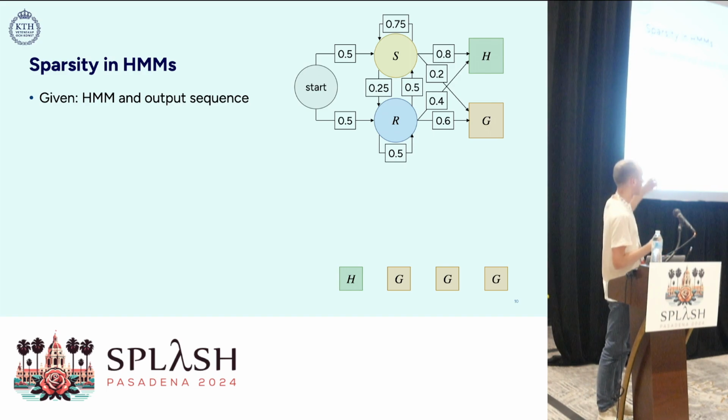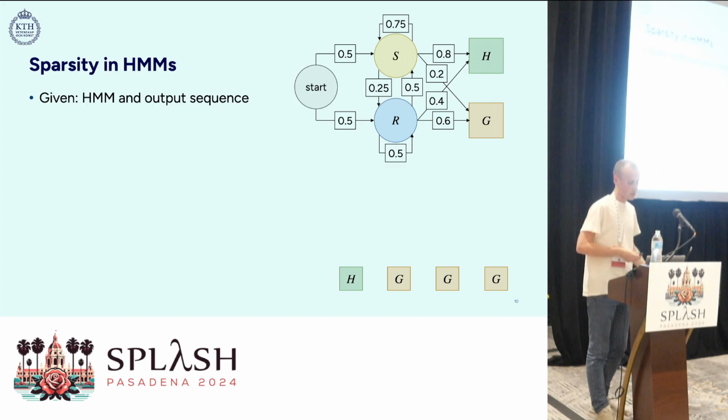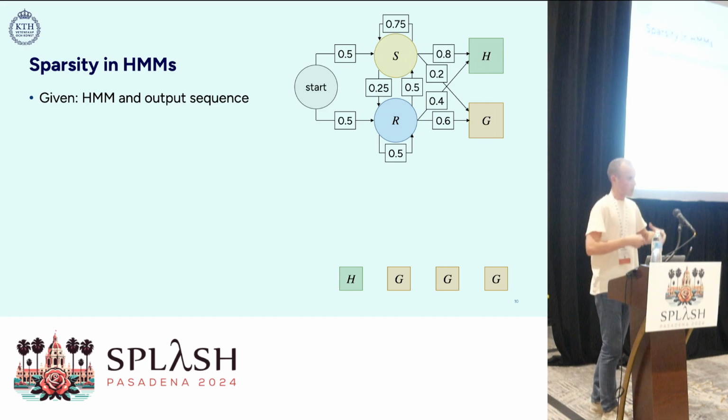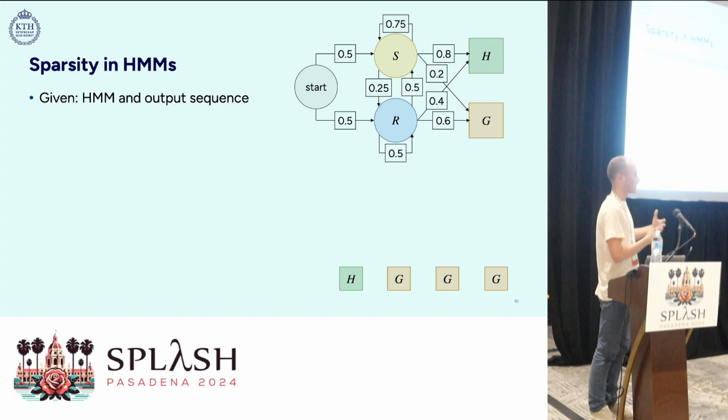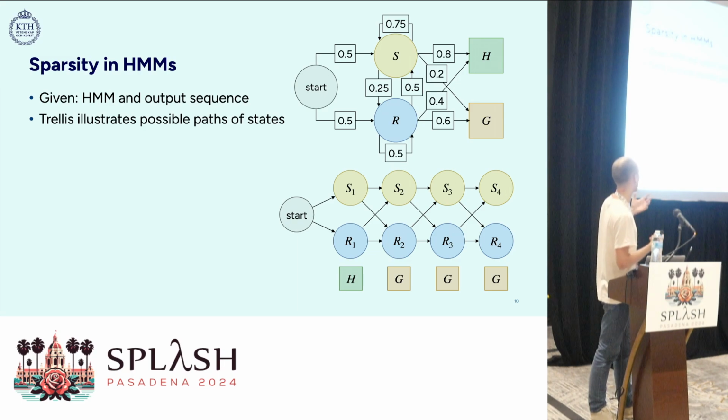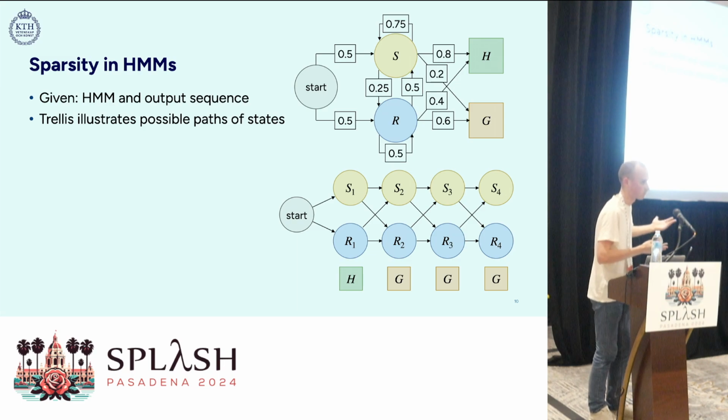So let's assume we have this model, and we have some sequence of outputs that we've seen. We have seen Bob's mood be happy on one day, and then 3 days after that, he was grumpy. We can illustrate the possible states that our model can take during these time steps with a sort of graph, which is called a trellis, which also happens to be where we got the name from.